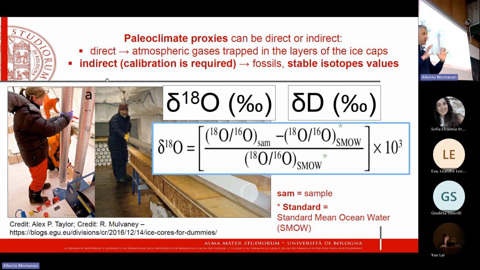But if they are not perturbed, the number of protons and neutrons doesn't change. And these are called the stable isotopes. There are some configurations that are unstable. They tend to decay. And when they decay, they produce energy.